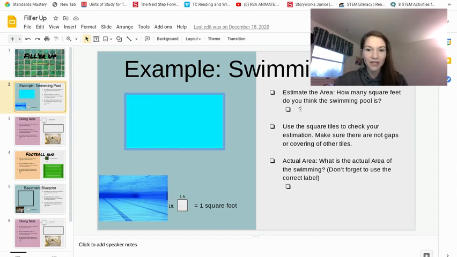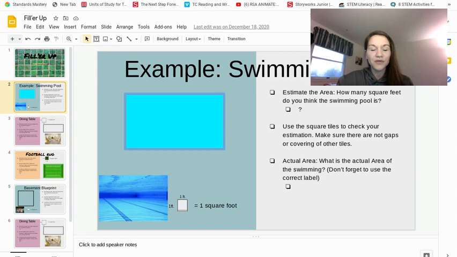Make your estimation here, just erase the question mark and put it right there. Then you are going to drag these little squares up into this rectangle. So you need to make sure that they are lined up just perfectly like an array. They should not be overlapping or have gaps in between. And then you're going to tell down here what the actual area of the swimming pool is.